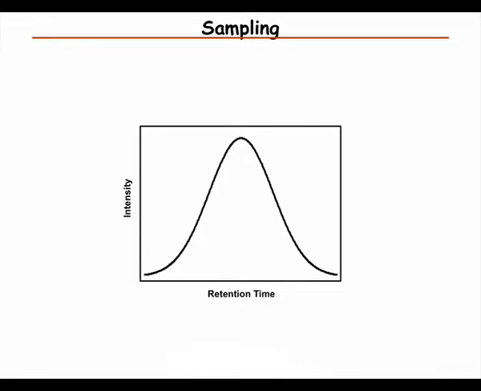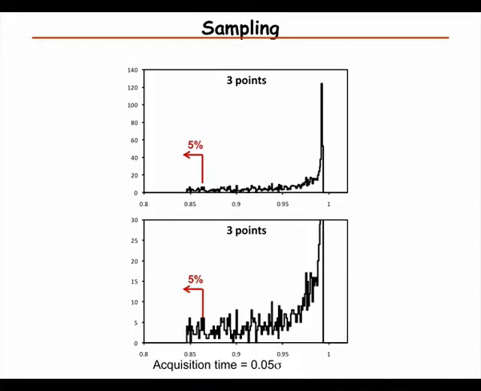We also talked about sampling, that we actually need surprisingly few points to get a reasonable estimate of the area. This shows that in the case where we only have 3 points on a peak, in about 95% of the cases we get an estimate that's above 0.87 instead of 1.